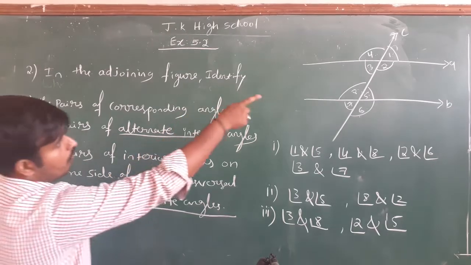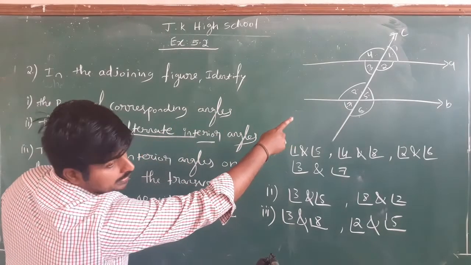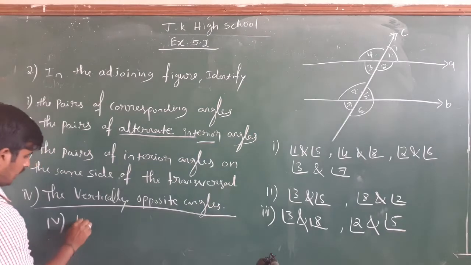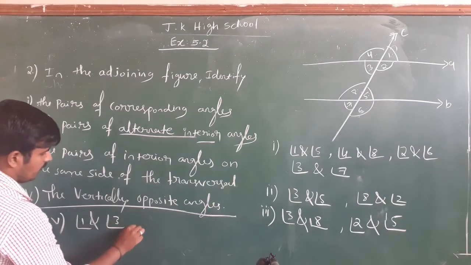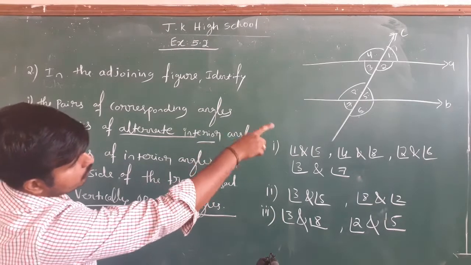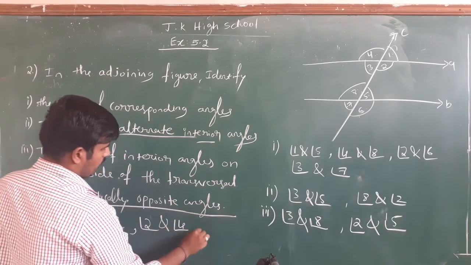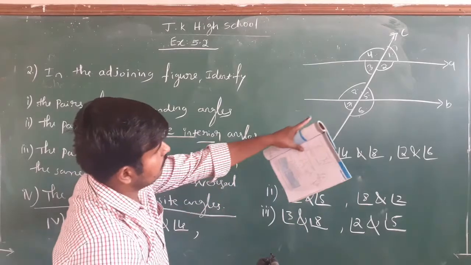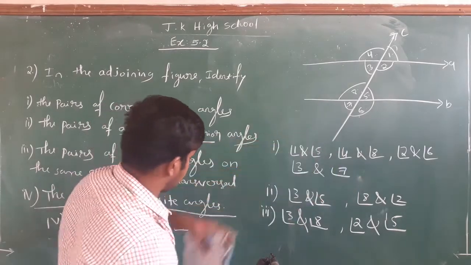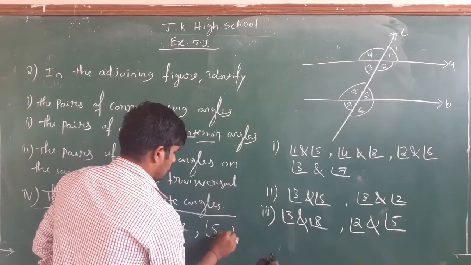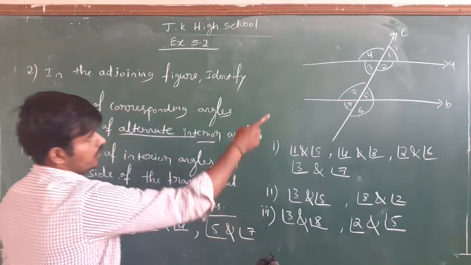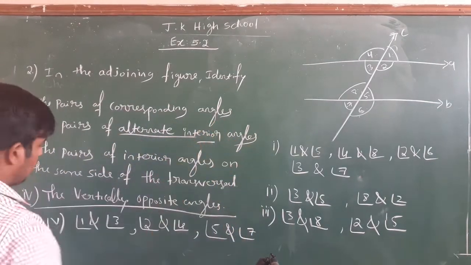For angle 1, the vertically opposite is angle 3. Angle 1 and angle 3. Next, angle 2 and angle 4. Next, angle 5 and angle 7. Next, angle 6 and angle 8.